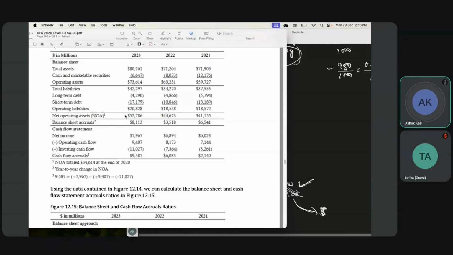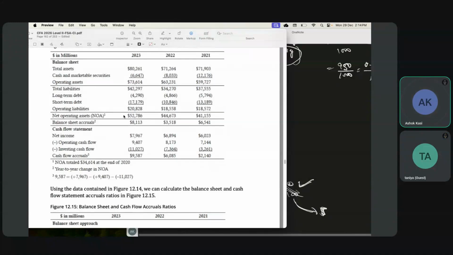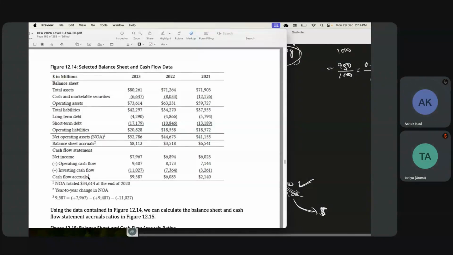What is this 3 here? Cash flow accruals, okay, this one. So 9,587 is the cash flow accrual. This is how they get 9,587: net income minus operating cash flow minus investing cash flows.